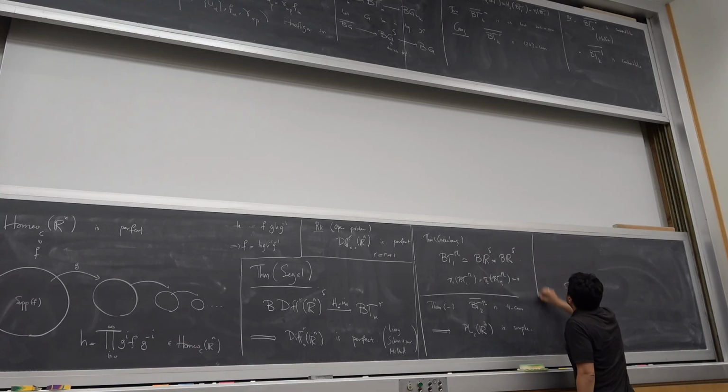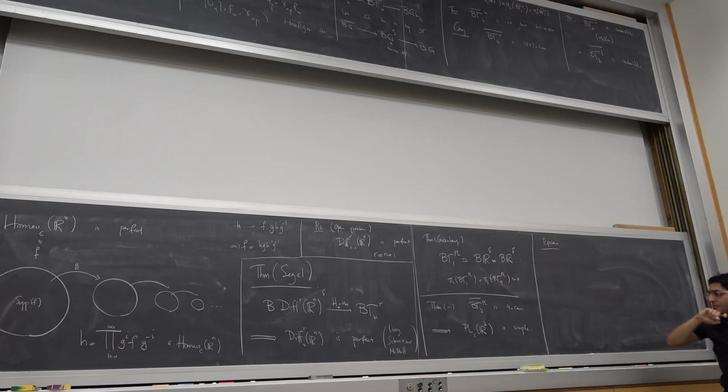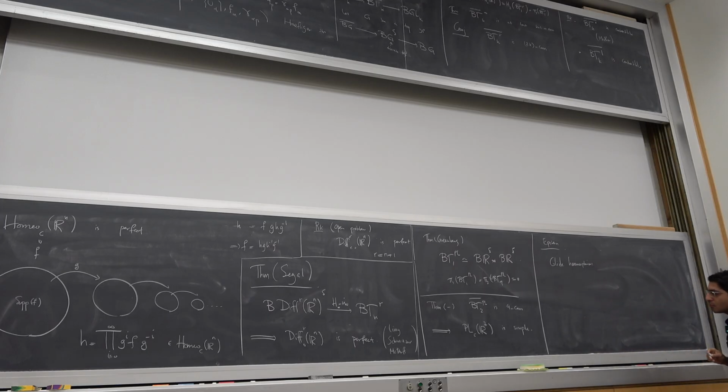So here is one thing that I want to mention. This goes back to Epstein, who asked this question about the algebraic properties of these groups. He defined what he called glide homeomorphisms. A glide homeomorphism, say in dimension 2, you can guess what it is in higher dimensions.